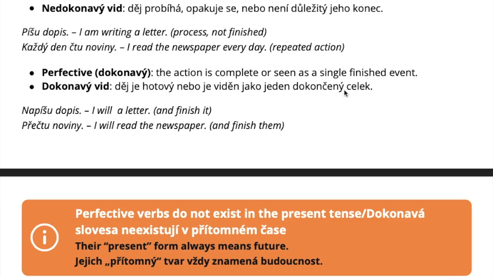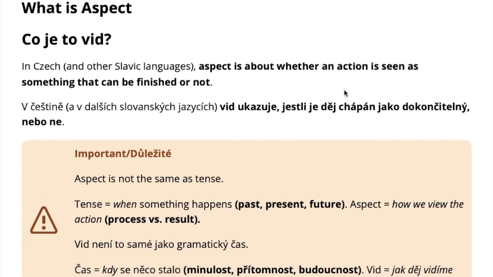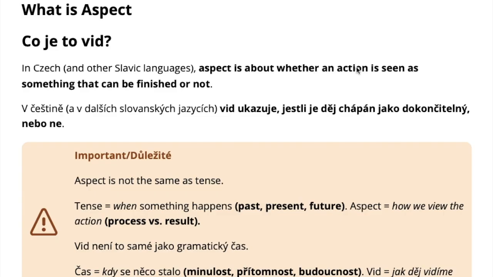So, Czech verbs can actually tell us much more than English verbs can, because I am talking about if it's going to be an action that can be finished, an action that could be finished in the future or that I am planning to finish, or if it's something maybe happening again and again, or if it's an action that doesn't have any end.